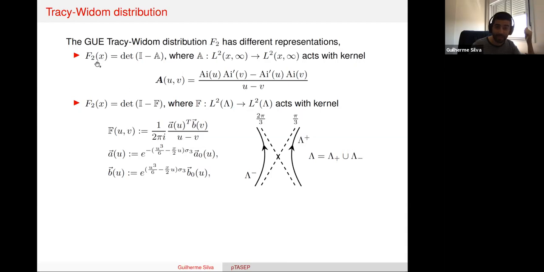So the parameter X, which is the variable of the distribution. A naught and B naught do not depend on X, which is our parameter of interest, but X only appears in this cubic exponential factor. And of course, not by accident, this exponential factor is also the same that appears in the integral representation of the Airy function, apart from a factor of half. And the contours are also the same, as I said.